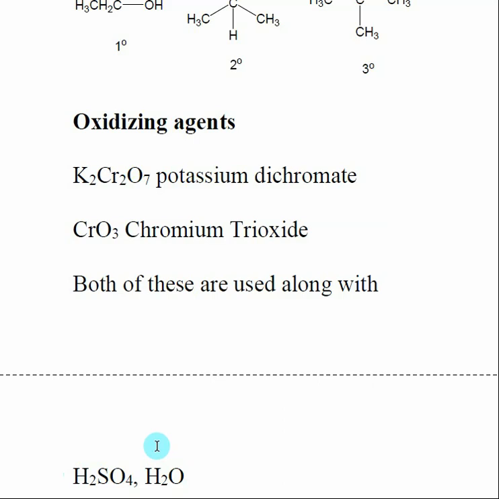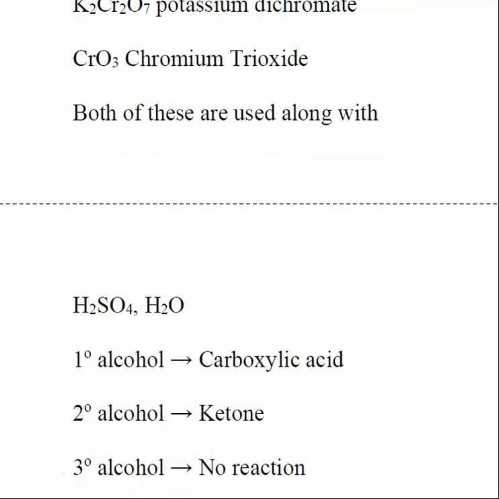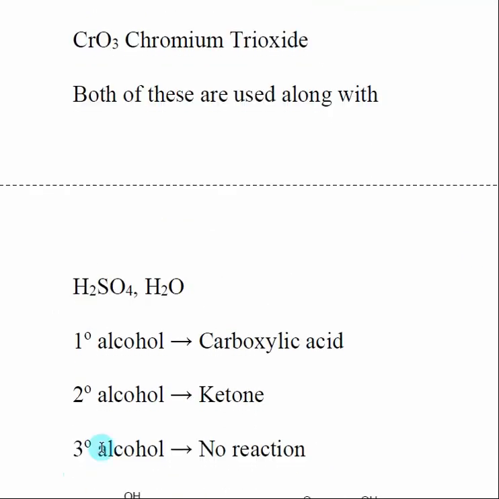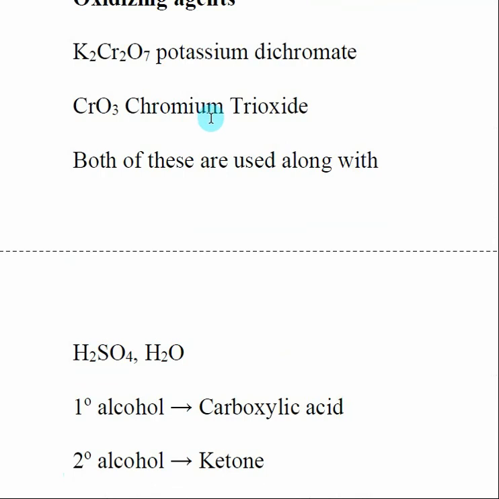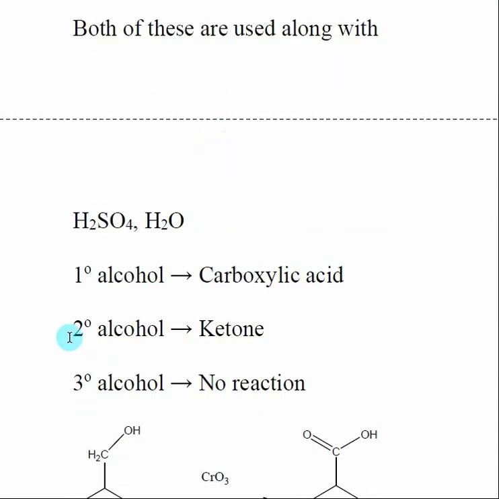When we have those combinations, we are undergoing an oxidation reaction and we're converting our alcohol into some other functional group. So when we undergo these oxidation reactions corresponding to our potassium dichromate and chromium trioxide, we are converting our alcohols into a different functional group.